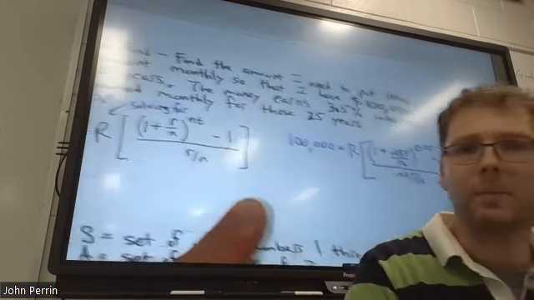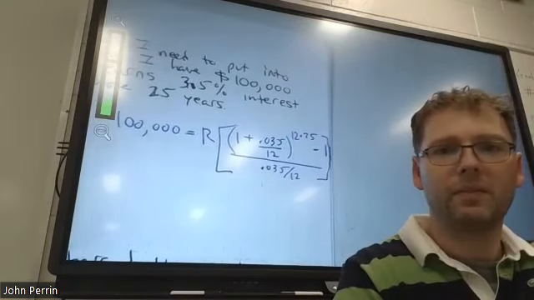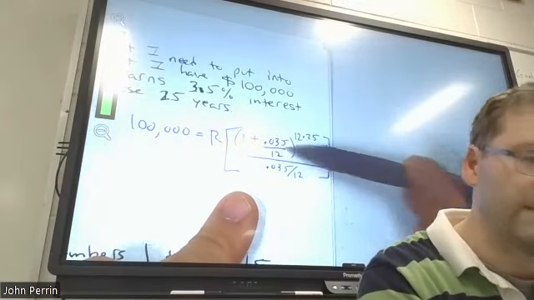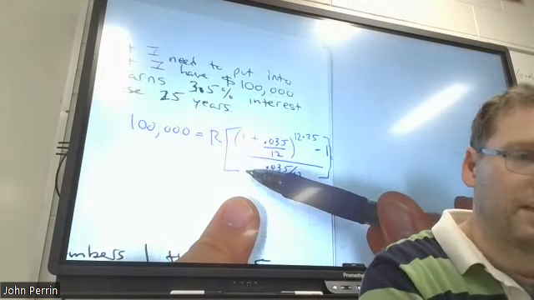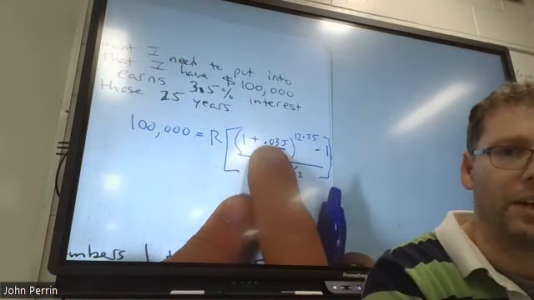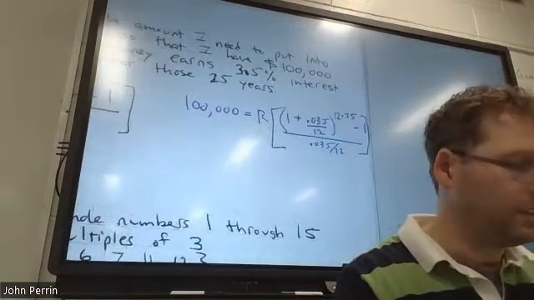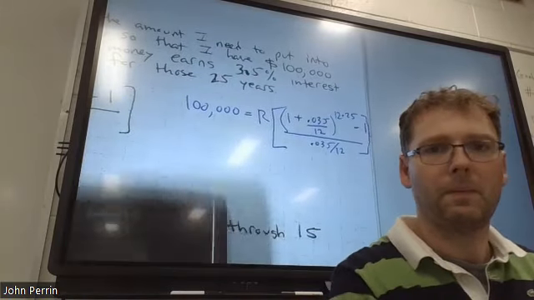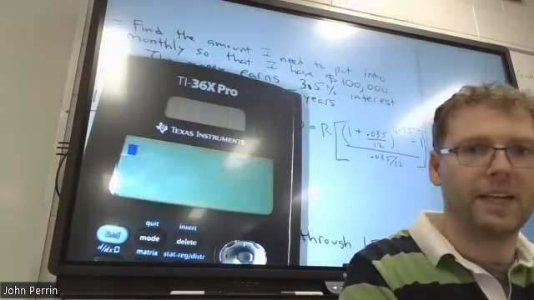Okay, I'm out of room on my paper, but let's see what we have here. What I want you to do is calculate the top of the fraction separate from the bottom of the fraction, then we'll divide those two numbers and get the one number that needs to go next to the R. I have a small calculator with me today.